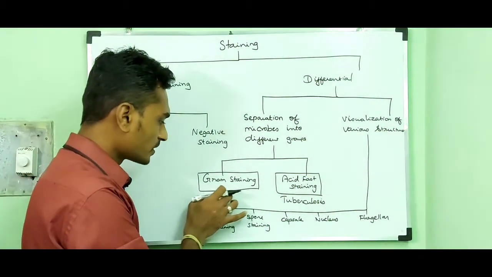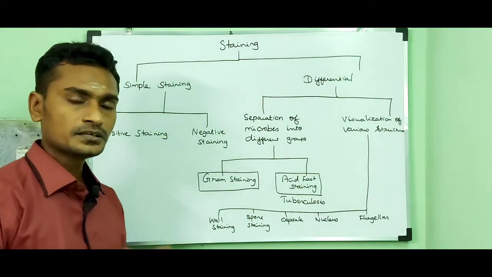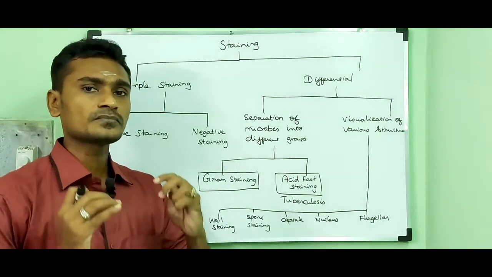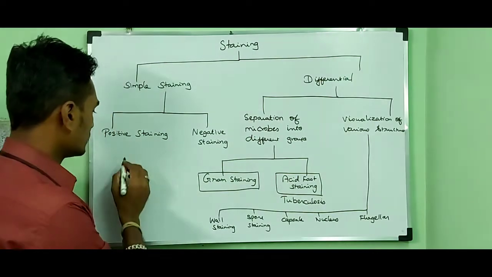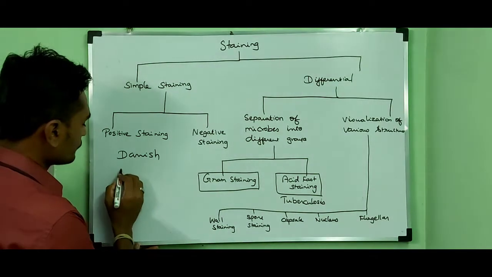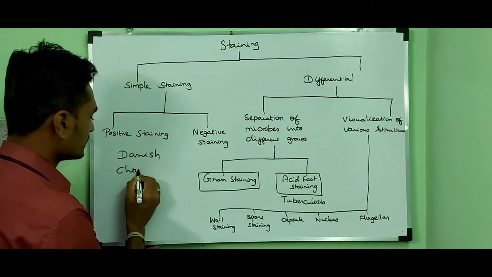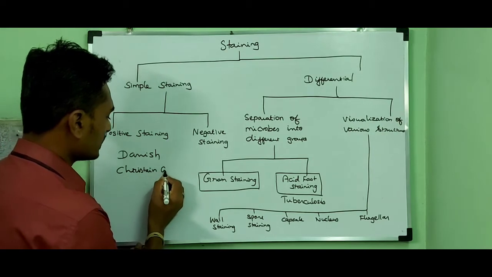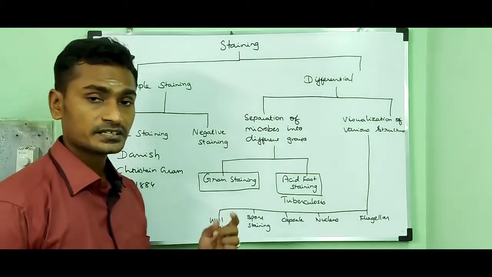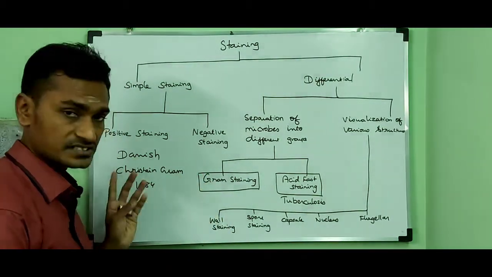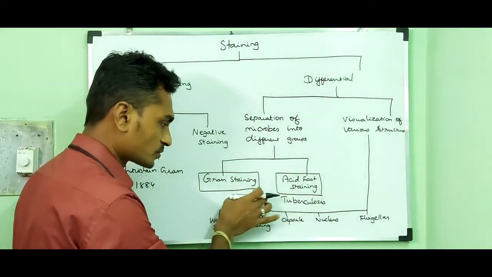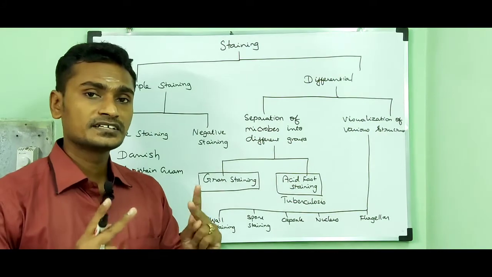So in this video we are going to discuss the gram staining procedure. The gram staining procedure was developed by a Danish physician named Christian Gram in the year 1884. By using gram staining procedure, we can classify bacteria into two classes.